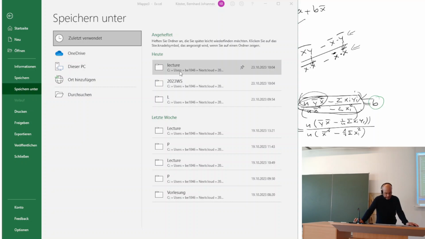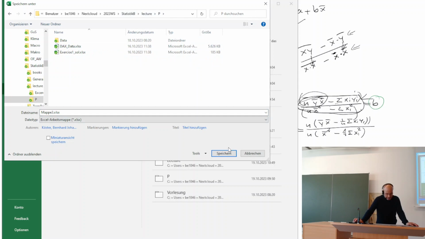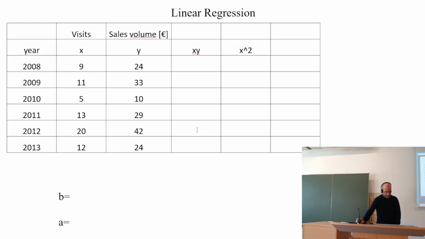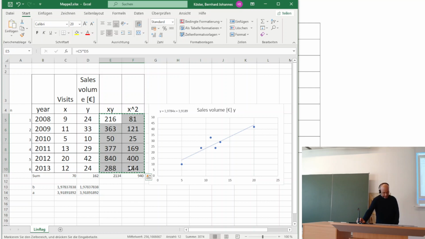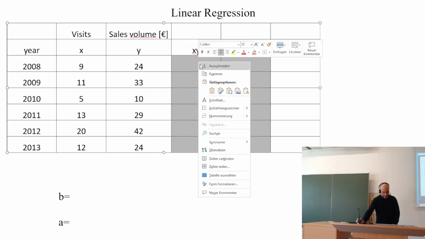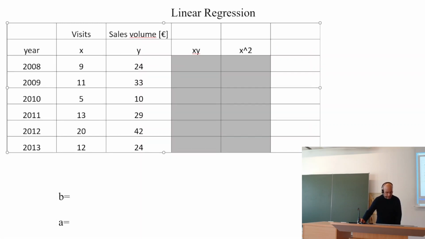So let's save this. Okay. So then we can put in all these numbers here. Hopefully this works. No, this doesn't work. Why not?